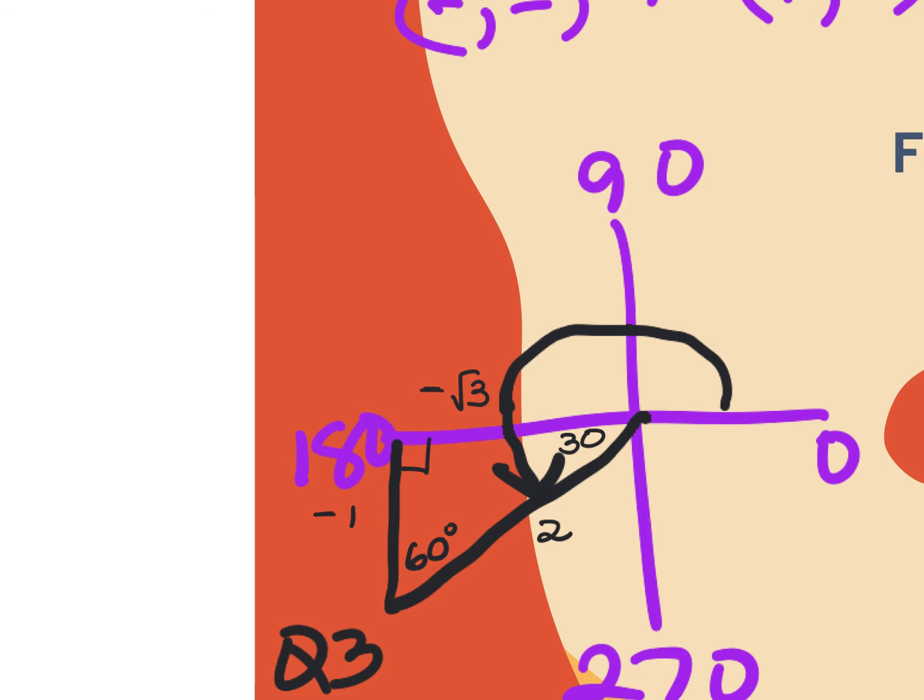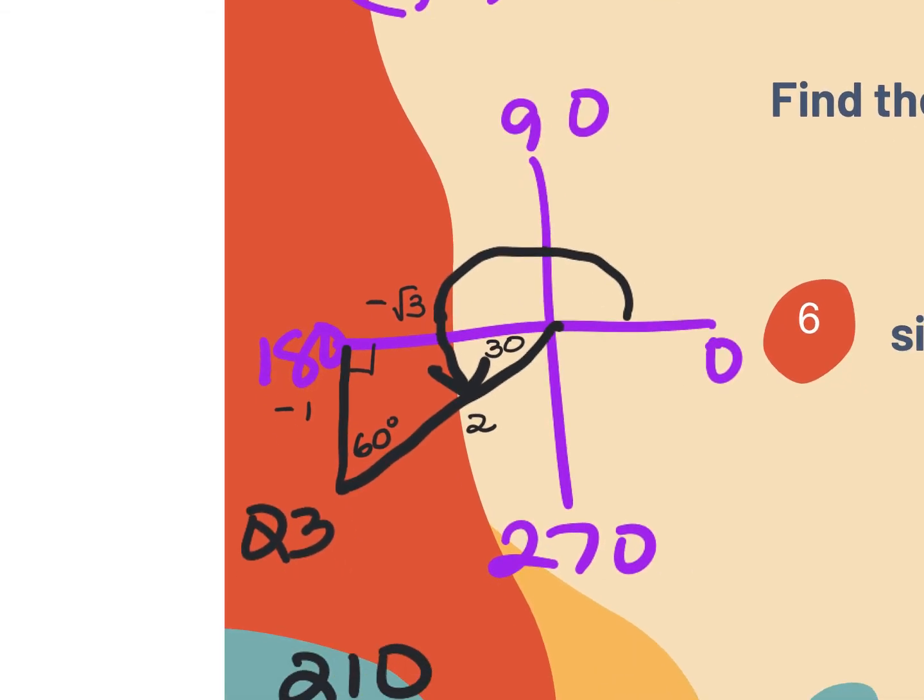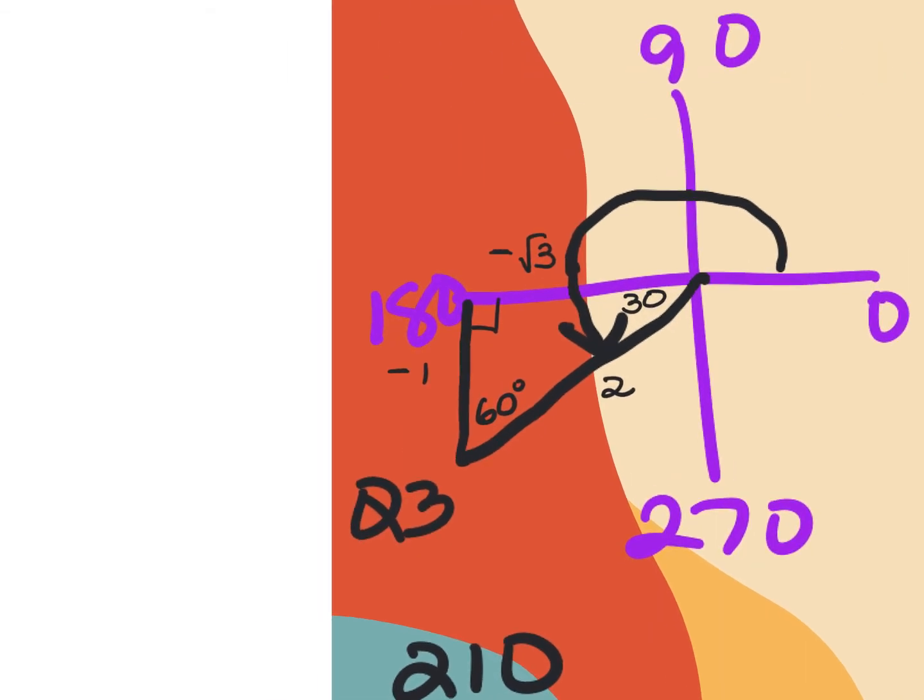So now I need to do sine. And you're going to either memorize it as opposite over hypotenuse, or you could memorize it as y over r. So if you want to label these now in relation to the reference angle, let's try green.